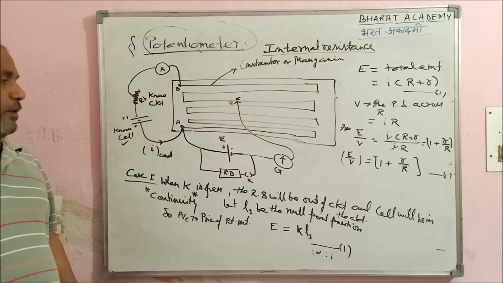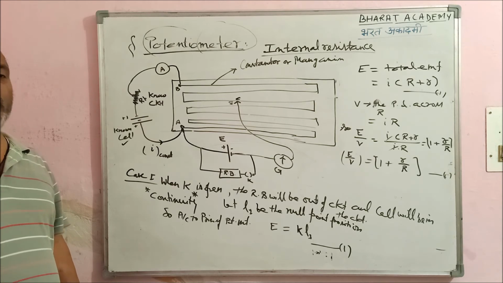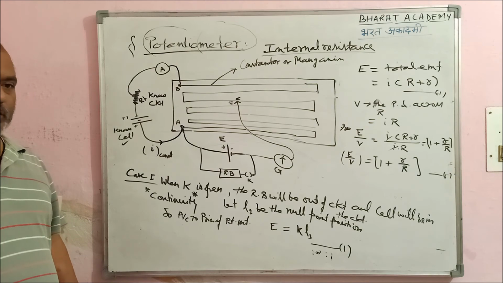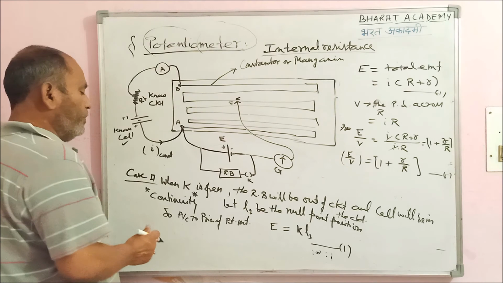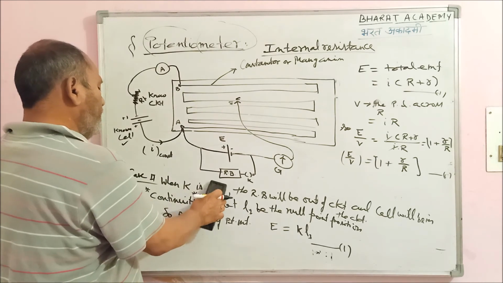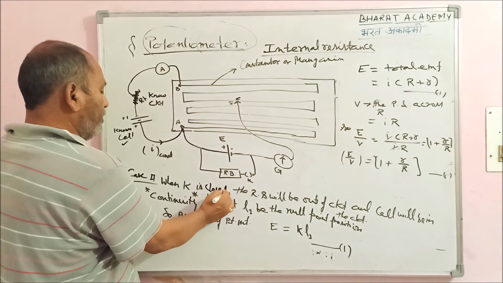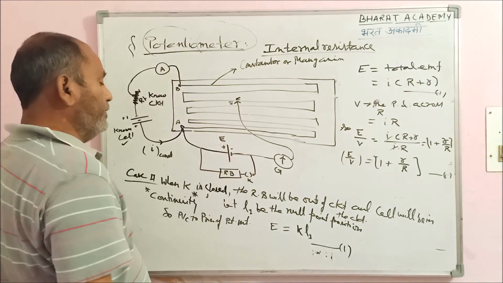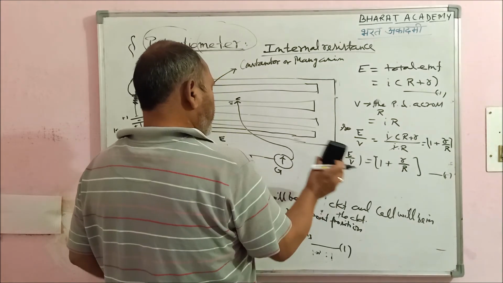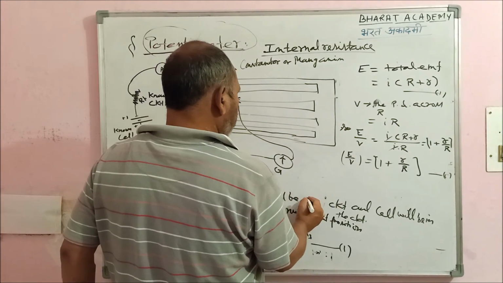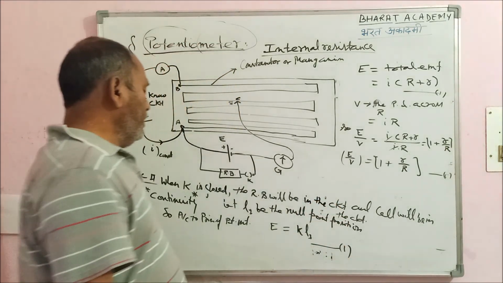Now, we want to calculate the potential difference across any applied value. For that, what we do, case 2, when the key is closed, means now it is applied here, the R will be in the circuit instead of out of circuit. Now it will be in the circuit, right?